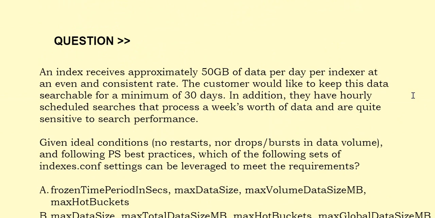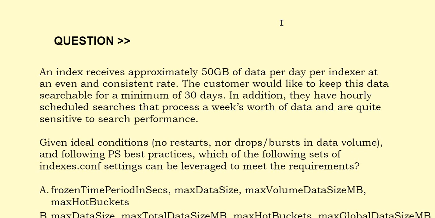The correct answer is option D. Our next question is, an index receives approximately 50 GB data per day per indexer at an even, consistent rate. The customer would like to keep this data searchable for a minimum of 30 days.